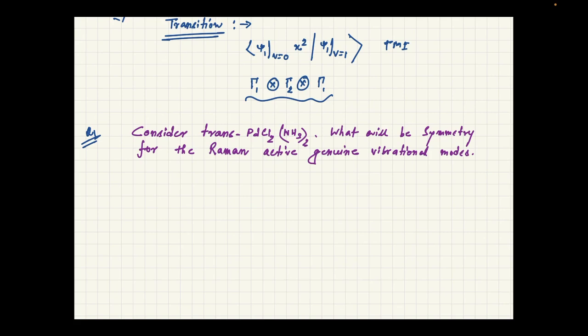Okay, so basically here the structure is Pd, Cl, NH3, NH3. This is the trans one, right?